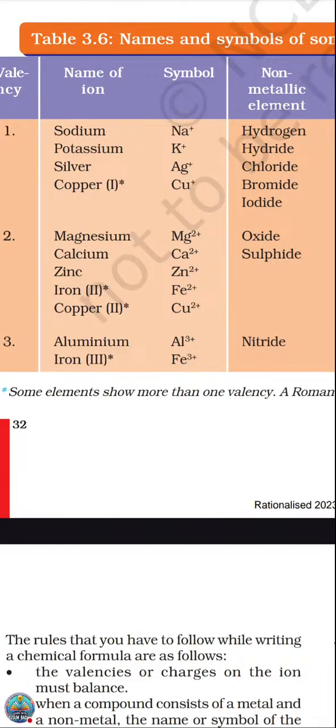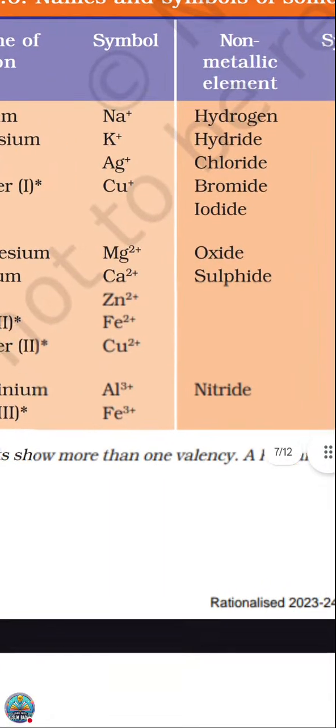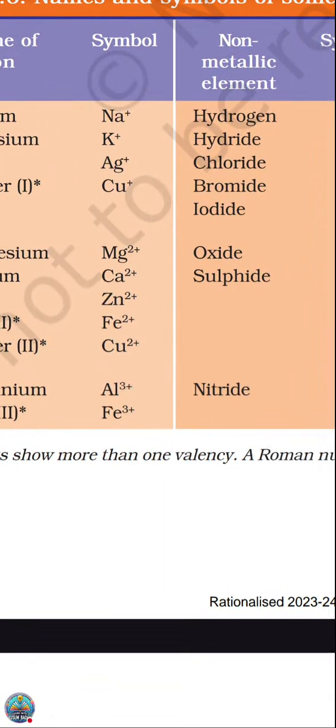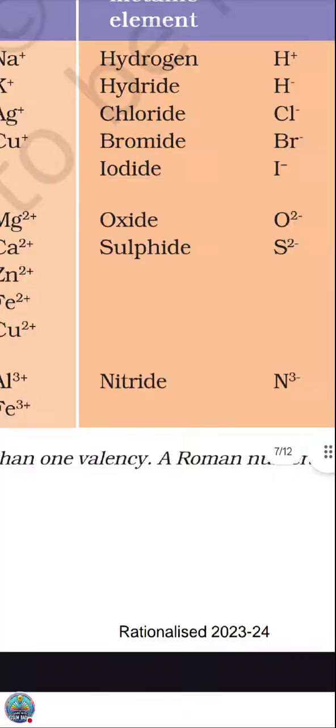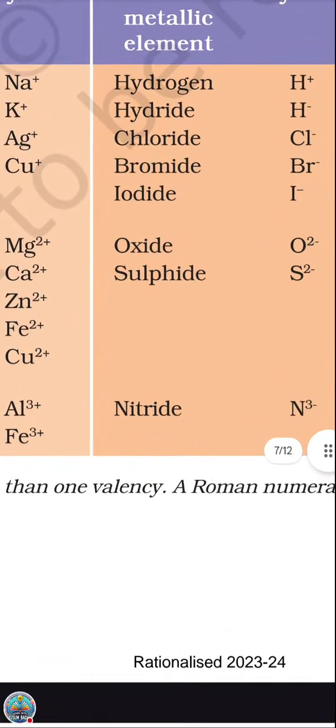Now suppose you need to write the formula of sodium oxide. So how are you going to write sodium oxide? Na symbol is Na+, with valency plus 1. Now sodium oxide you are writing. Oxide is O2-. Okay, we need to write both the symbols first.